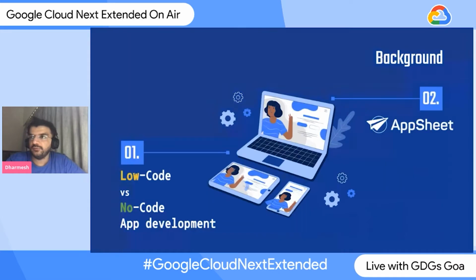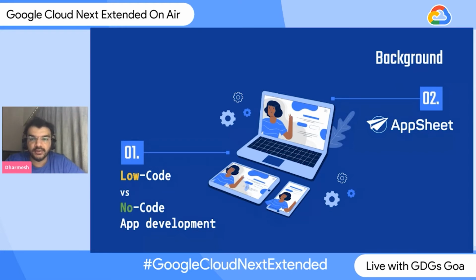But first, let us try to understand the fundamental difference between low code versus no code app development. This talk might not be heavy around Android development or mobile development, but it is more specifically related to AppSheet and how you can solve some basic business problems using these no-code app platforms.